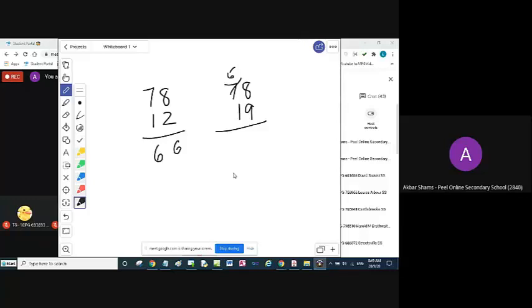So 8 becomes 18. Remember, the reason of 10 is the base is 10. So you add 10 to 8. 10 plus 8 is 18. So now you subtract 9 from 18, you get 9. And 6 minus 1 becomes 5, sorry. So the answer becomes 59.